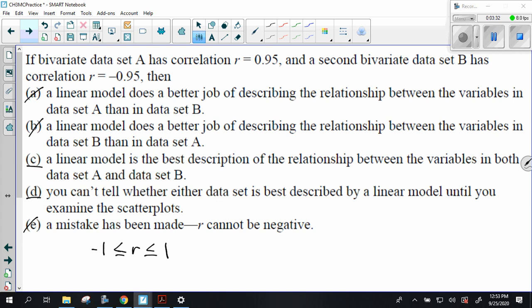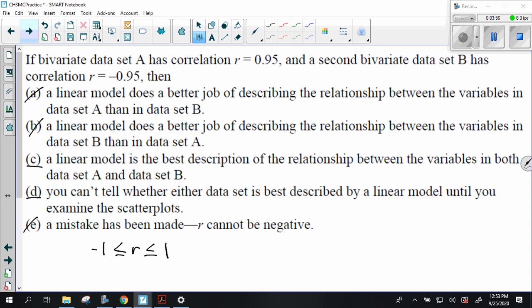Now we have to decide. Is it possible that the data is nonlinear and has such a correlation? Because if that's true, then we would choose D. If that's not true, then we'll choose C.